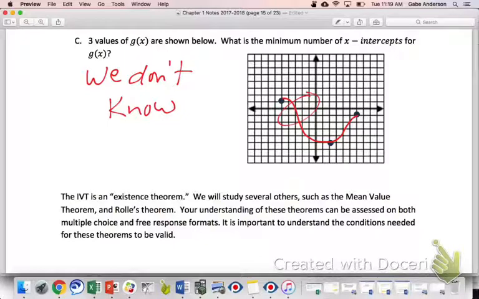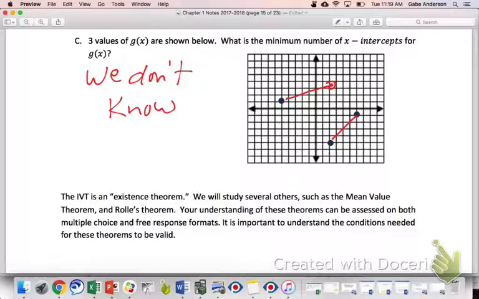0 kind of makes sense, right? Because you can't have negative numbers of x-intercepts, right? And so 0 really does kind of make sense. But in the most general answer, I would say we simply can't draw a conclusion because we don't know about the continuity. You can all see, of course, that if I were to draw this graph with a lack of continuity, I could avoid the x-axis altogether, couldn't I?